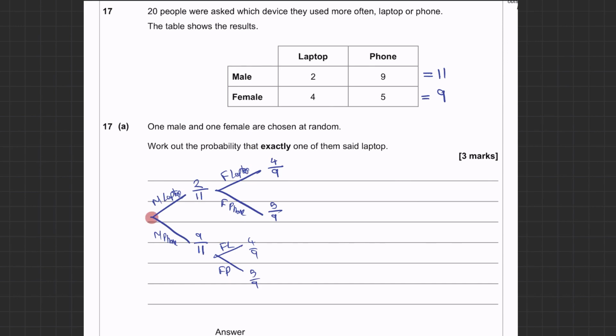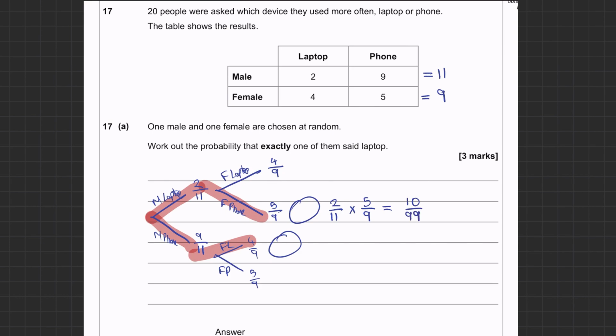So I'm going to start off with if a male chose a laptop, which is 2 out of 11, the female didn't. And then if the male chose a phone, the female didn't. So we can use this. This will be 2 out of 11, the probability the male chose a laptop, multiplied by the probability that a female chose a phone, or didn't choose a laptop, which will become 10 over 99.